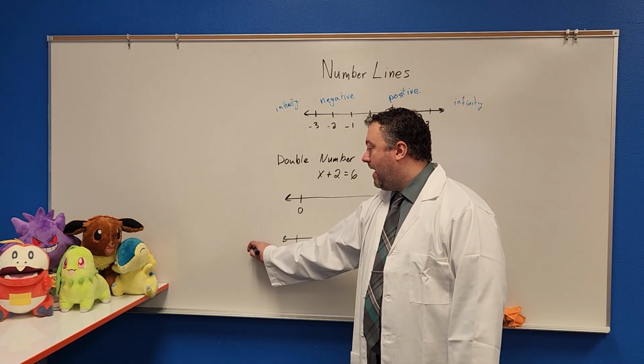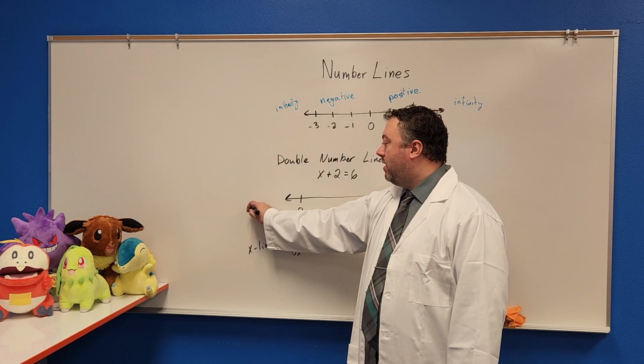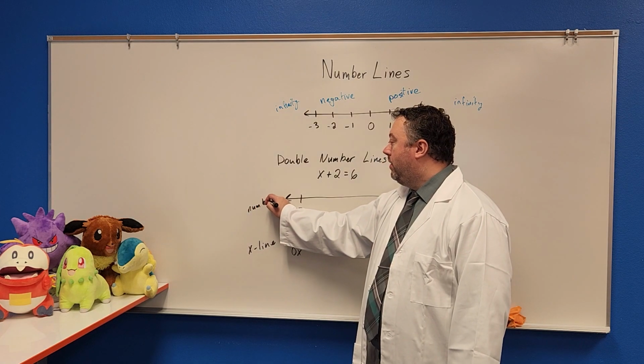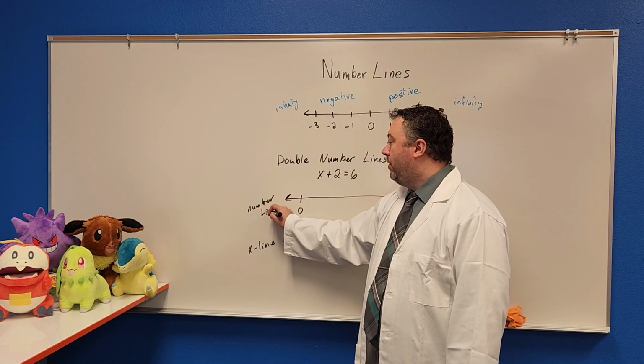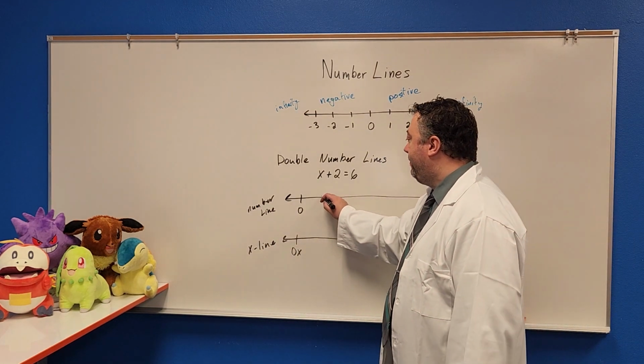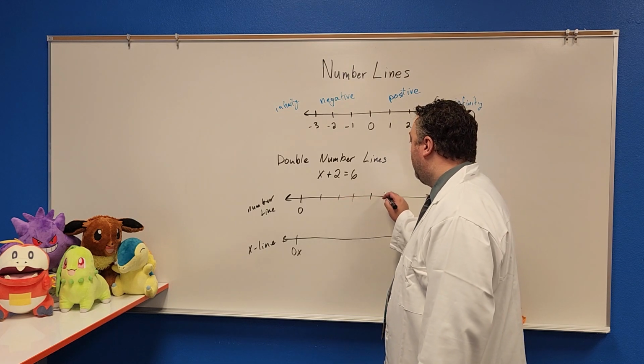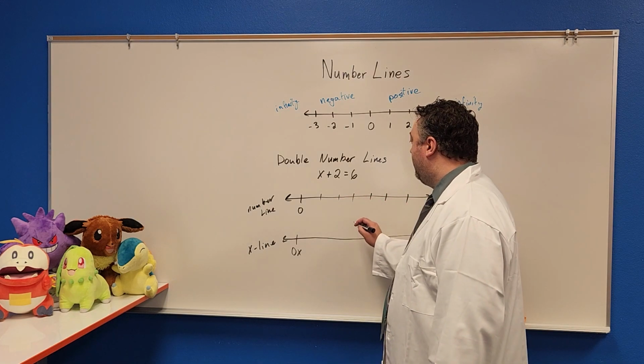This is our x number line, and this is our normal or traditional number line. So on the traditional number line, I'll mark 1, 2, 3, 4, 5, 6.